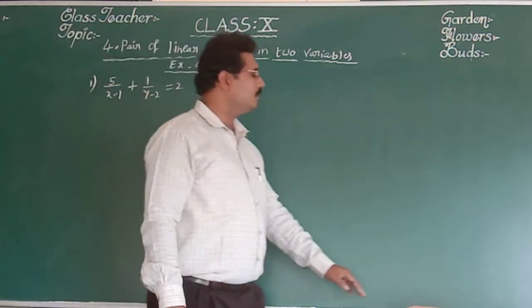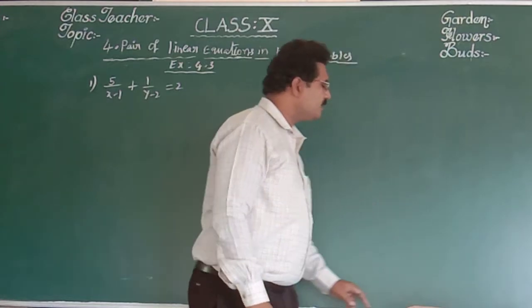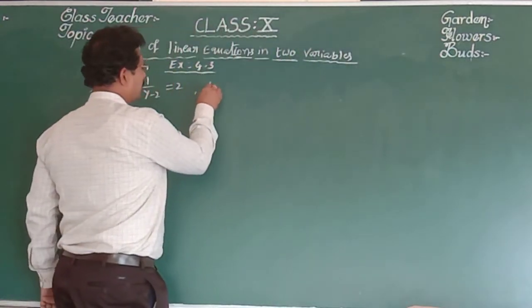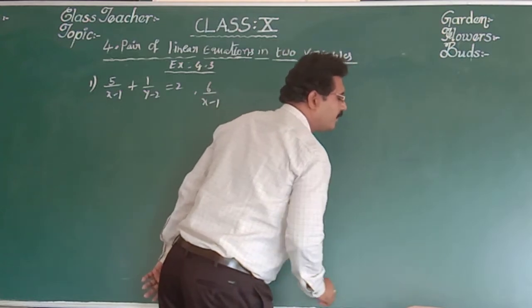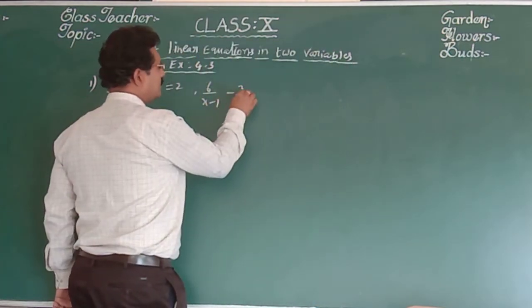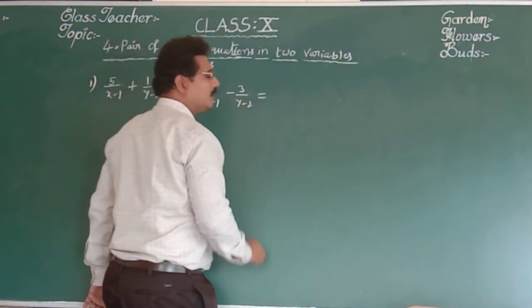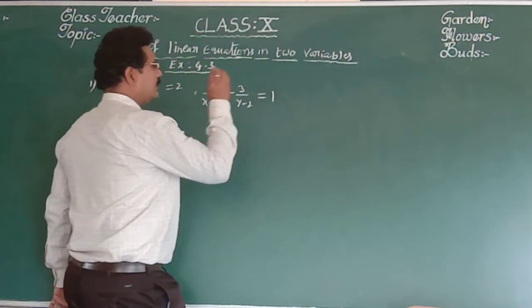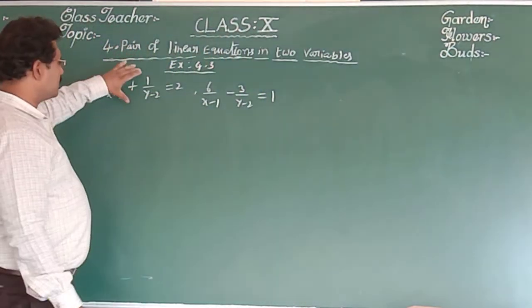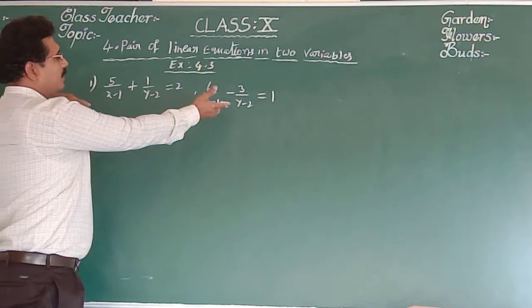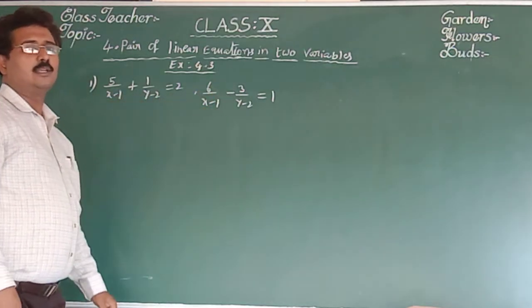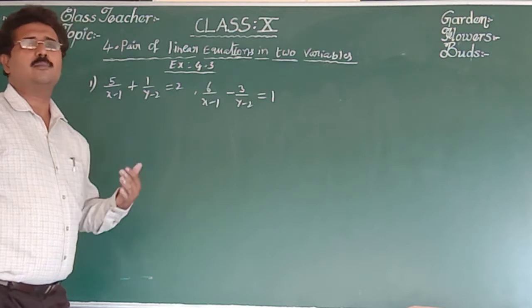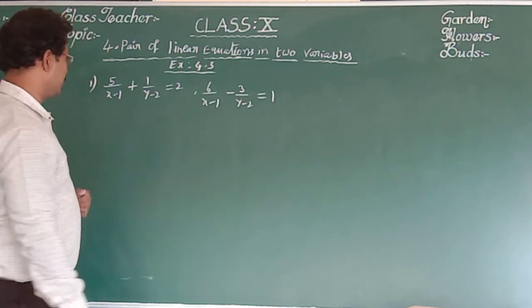Next one: 6 by x minus 1 minus 3 by y minus 2 is equal to 1. The problem is like this. Sometimes the problem is given like this, that is, equations that are reducible, that means converted to linear equations.